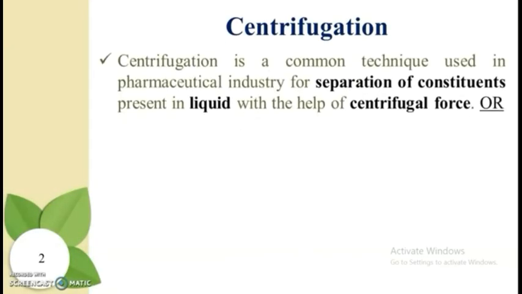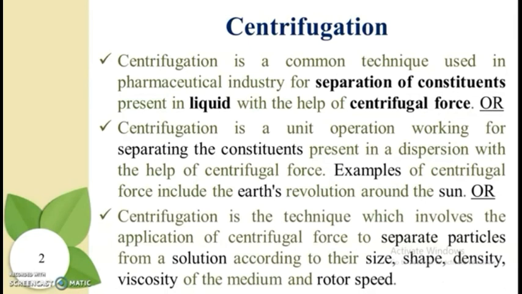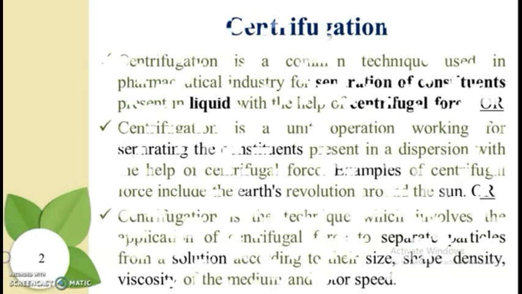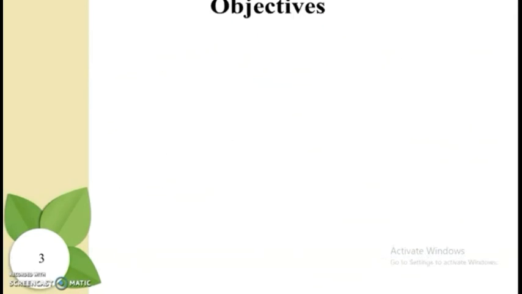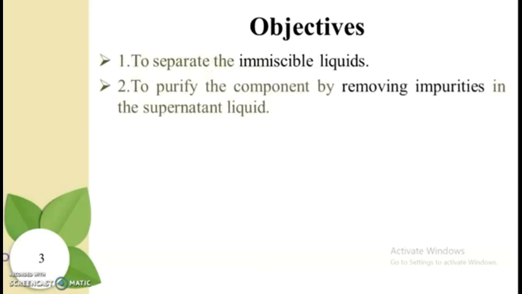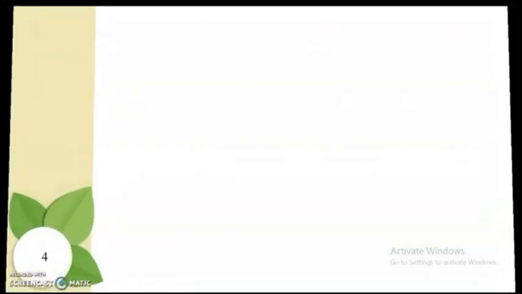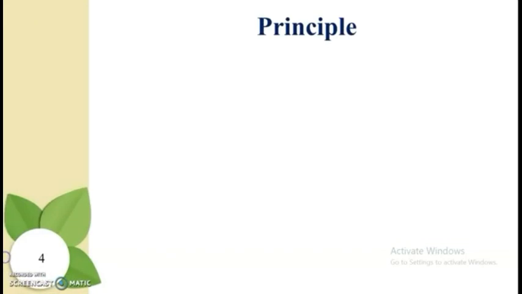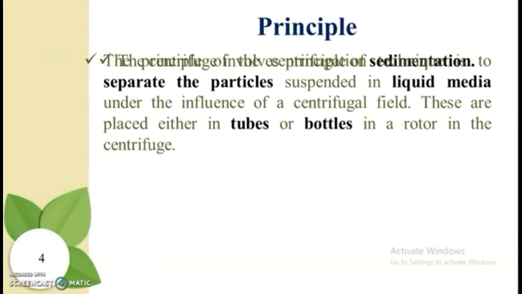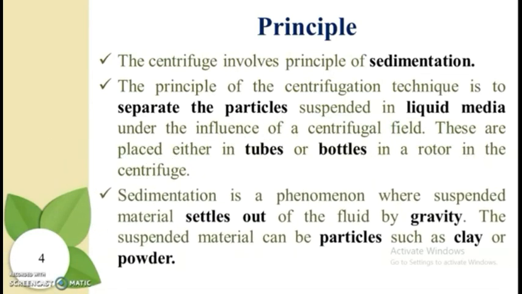Then next is the de laval clarifier, and the principle of the de laval clarifier is sedimentation, and the uses of the de laval clarifier are manufacture of antibiotics, separation of cream from milk, concentration of rubber wax, removing solids from oils and inks. Hence, this is the end of this topic, filtration and centrifugation.